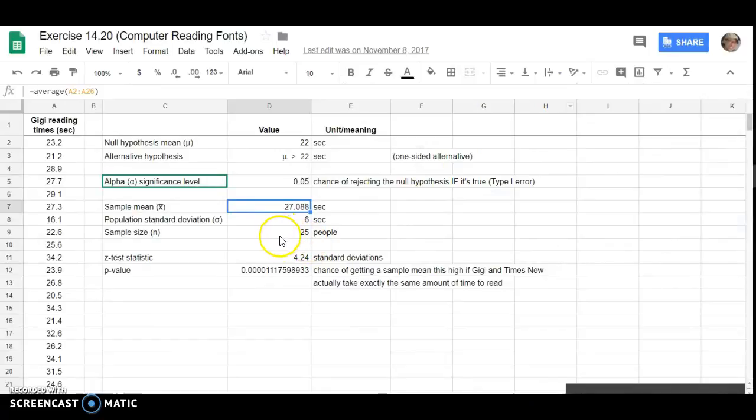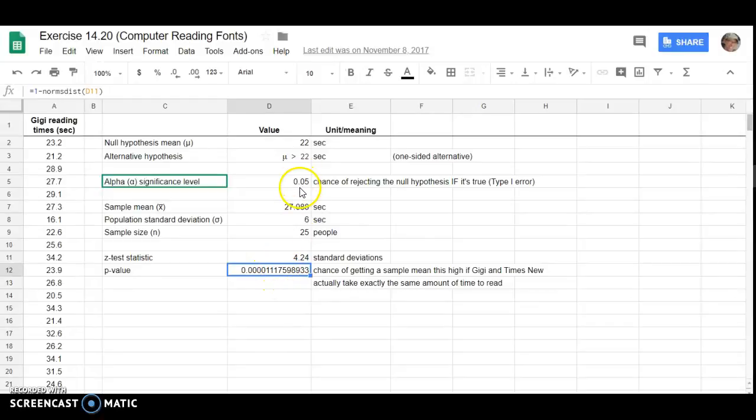So even though you can't get an exact p-value without using technology, you can see that it's certainly going to be less than that 0.05, which is our cutoff to reject the null hypothesis. Here I was able to use technology to get the more precise p-value, but even if you could just see that it is going to be less than 0.05, you can say we're going to reject that null hypothesis.